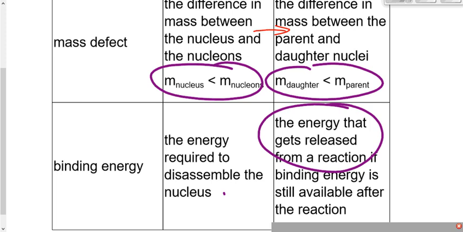So if we take the mass defect and multiply it by c squared, E equals mc squared, we get the binding energy, the energy released in the nuclear reaction. There's lots of little things here, but if you focus on what's circled in purple, you're probably going to be okay.